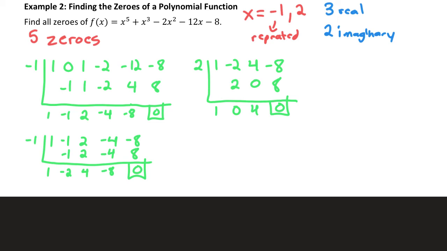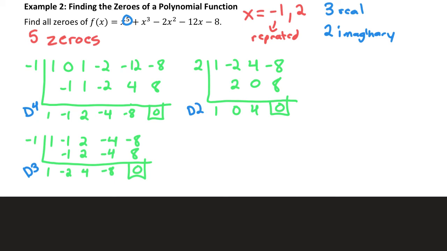Okay? To explain why I did all this and what we're getting to, we started with the degree of 5. This first result would be a degree of 3. This would be a degree of 4, then a degree of 3. This last result has a degree of 2.